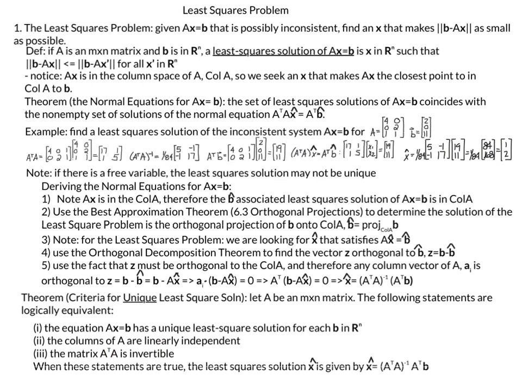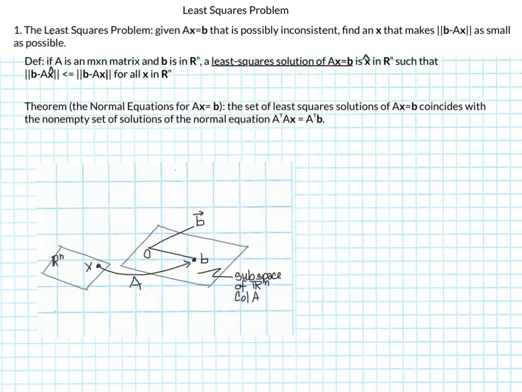When these statements are true, the least squares solution x hat is given by x hat equals (A transpose A) inverse A transpose b. And that wraps up our overview. So now we can go over each topic in more detail, especially this derivation, and with more examples for everything.